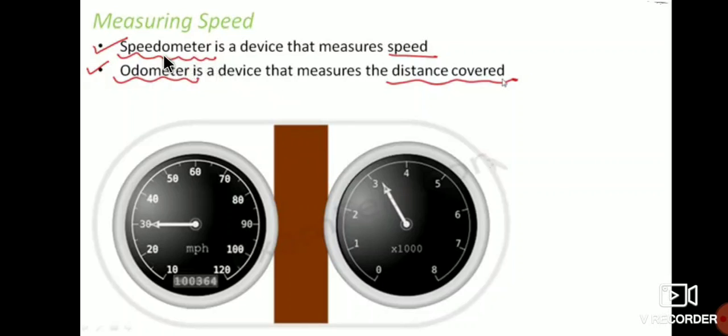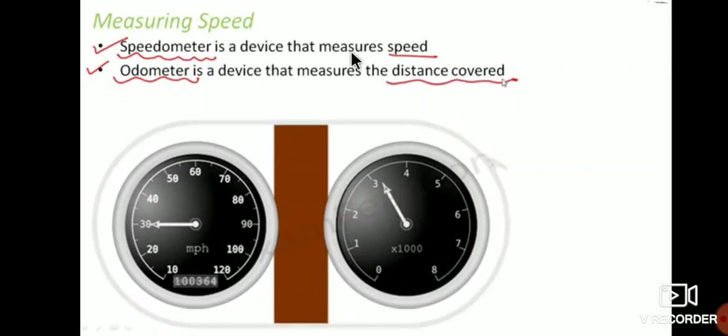So what do you mean by speedometer? The word indicates speedo. That means it indicates the speed of the vehicle on the meter. The odometer shows how much the vehicle has run.